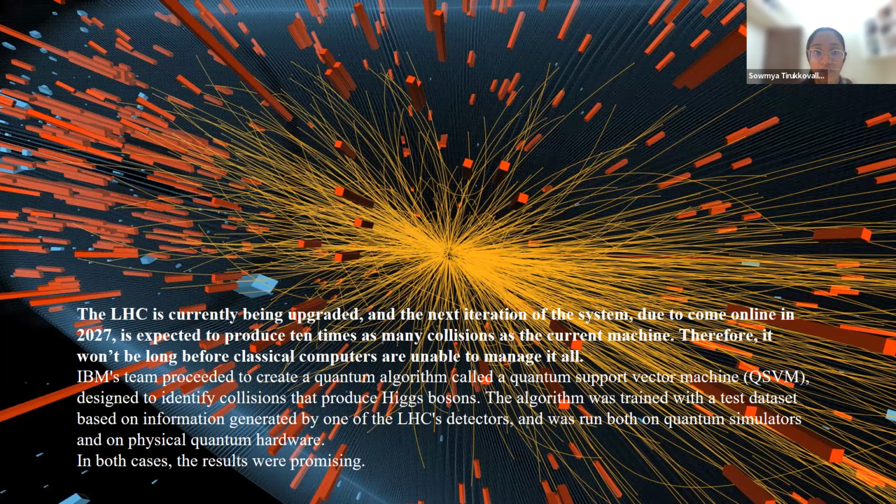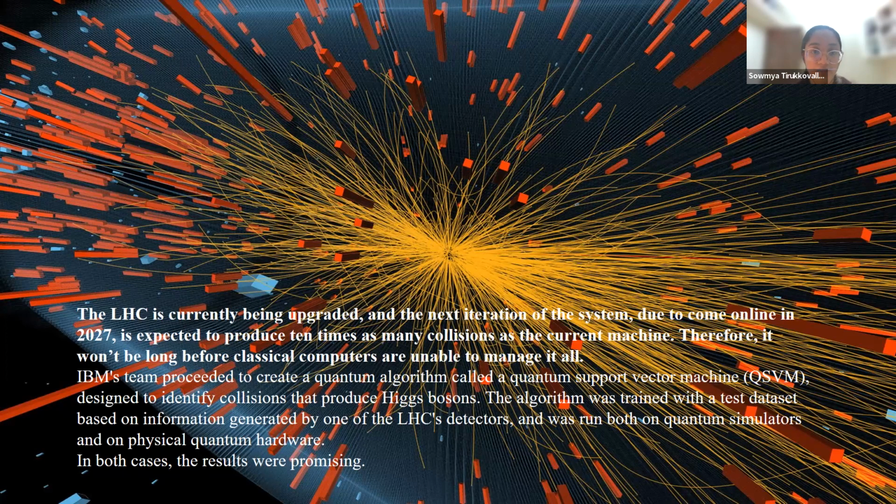The Large Hadron Collider is currently being upgraded, and the next iteration of the system would come online in 2027. They predict about 10 times more collisions than the current machine, so it won't be long before classical computers would be unable to handle this data.